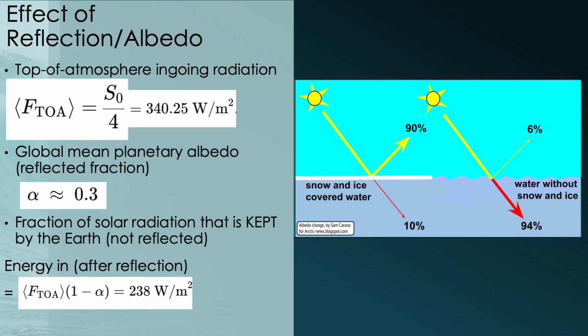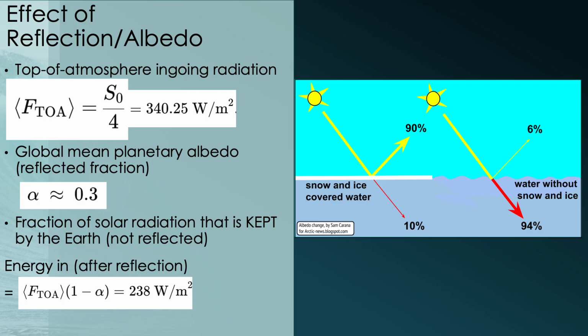Now, some of that's reflected away by albedo. The Earth's global mean planetary albedo is about 0.3. And that's the average over highly different places that have very different albedos regionally. Ice has an albedo of something like 90%, so almost all the radiation is reflected back to space, but dark blue water absorbs about 95% of the energy.